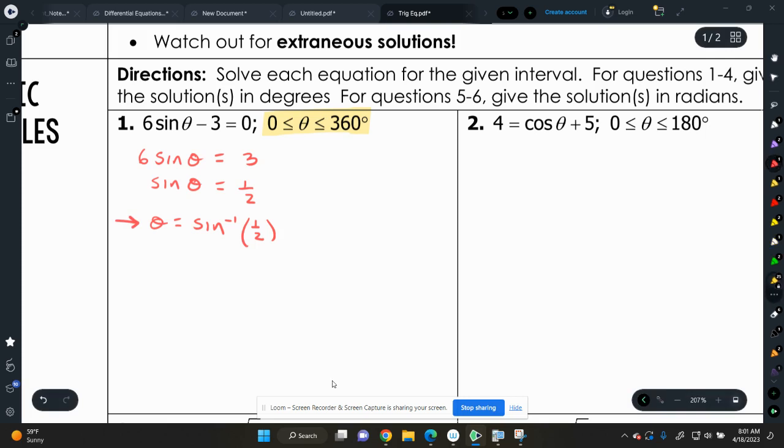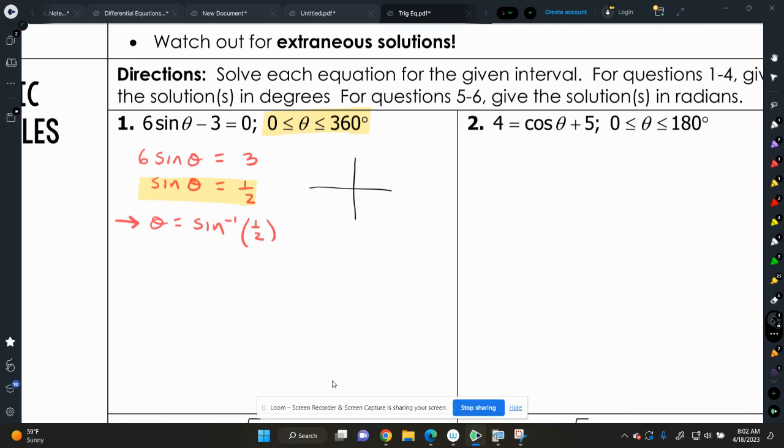Although we do typically, this is kind of where our brain goes. This is what we're sort of thinking when we're actually solving it. Because when we're solving it, we're saying, okay, let's think about the unit circle. Where is the sine of theta equal to 1/2? That's what's going through our mind. This is not how our brain is working.